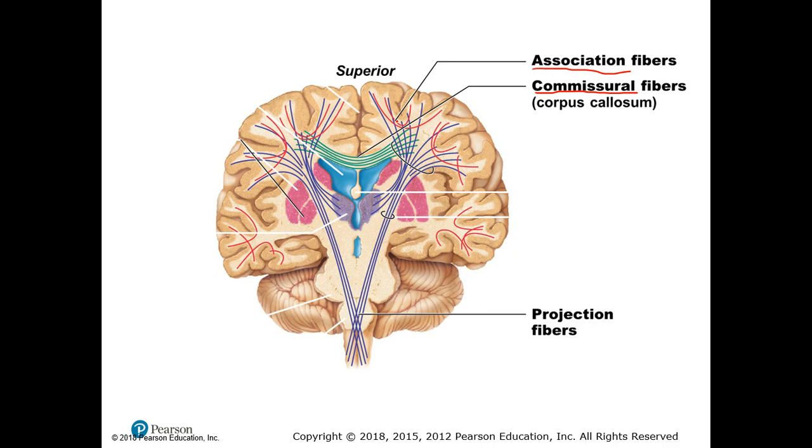So if you look at the one that it's pointing to, it's associating everything on the right side of the brain with something else that's happening in the right side of the brain. And then our last one is the projection fibers. This is going to be connecting part of your brain to another part of your brain. So for example, the one that it's pointing to, connecting your cerebrum with lower structures such as your brainstem or your diencephalon.